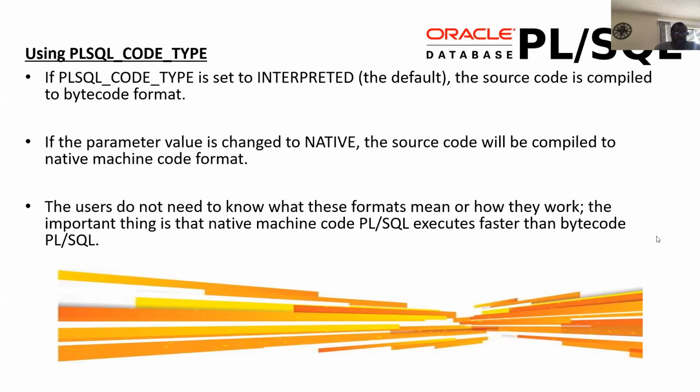And basically that third bullet point, if you really want to dig into what's actually happening with these initialization parameters, I don't suggest it unless you're really interested in what these formats mean. Basically, what we want to convey to you now is that one will provide a faster way to compile.